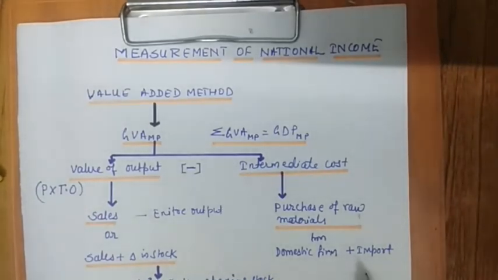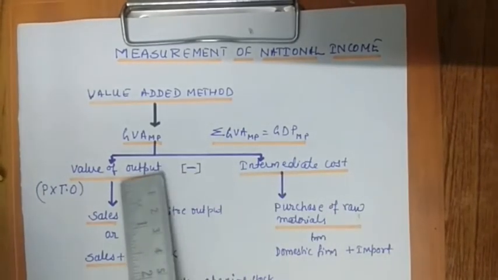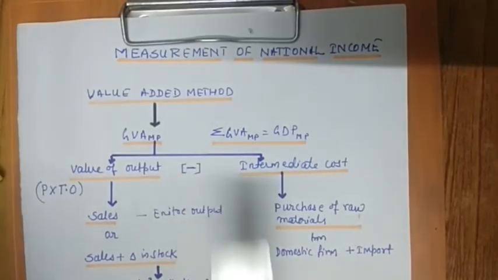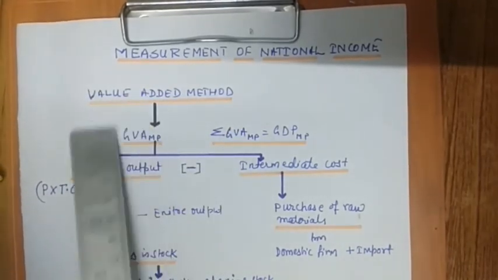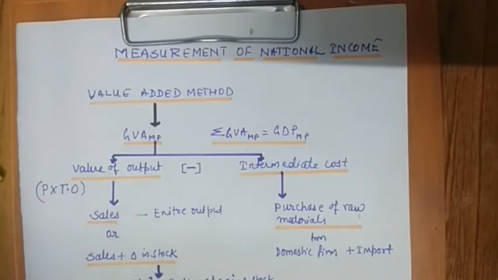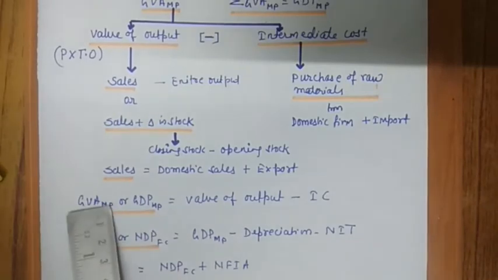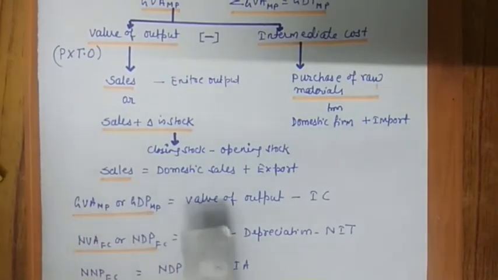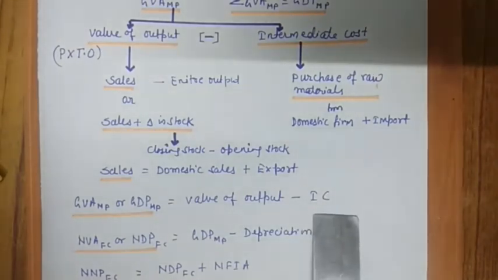Is it okay? So, when you deduct intermediate cost from value of output, you get value added. Value added is also known as GVA at MP. So, GVA at MP or GDP at MP or value added is equal to value of output minus intermediate consumption.